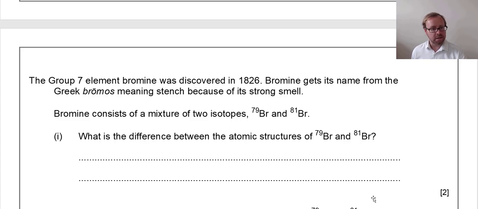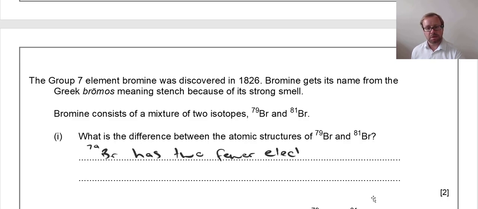We can say that 79Br has 2 fewer... it doesn't have 2 fewer electrons, does it? It has 2 fewer neutrons compared to 81Br.